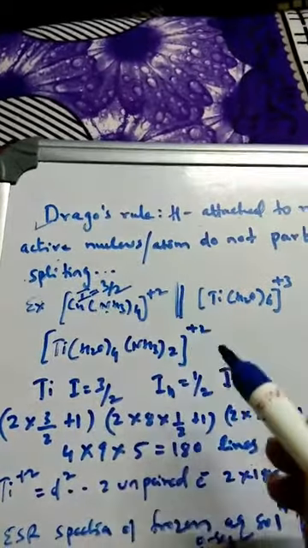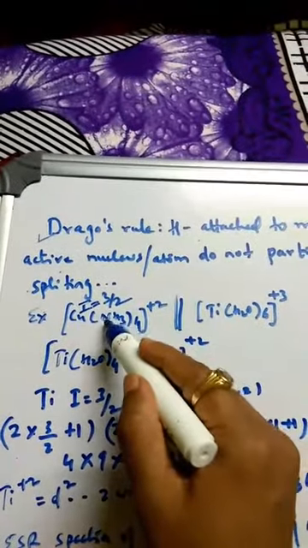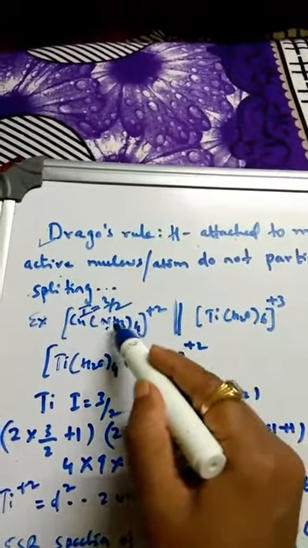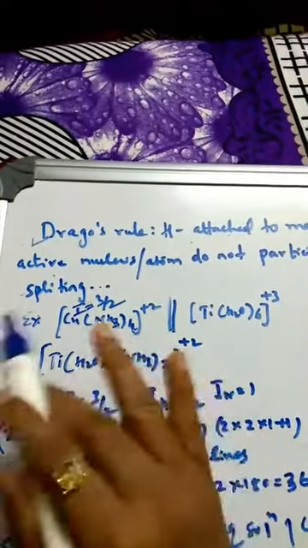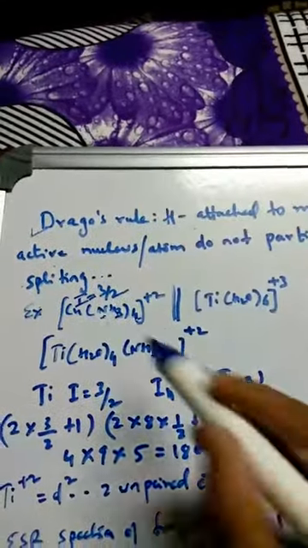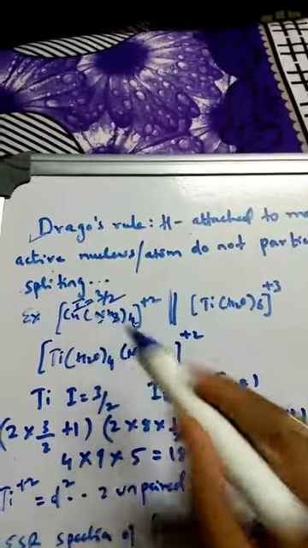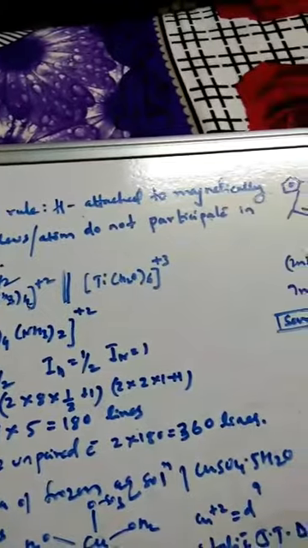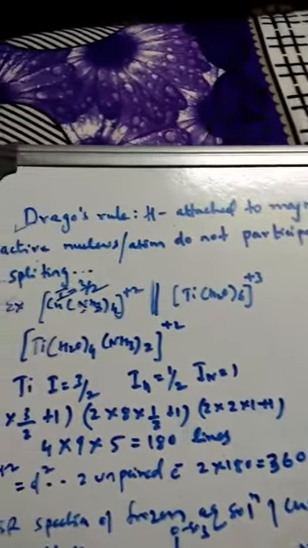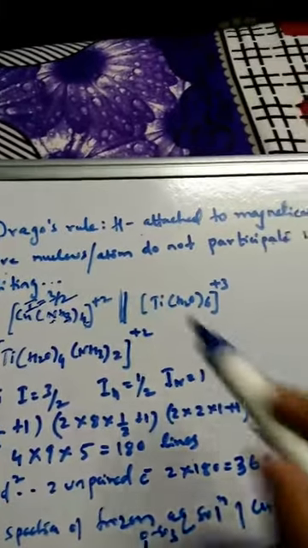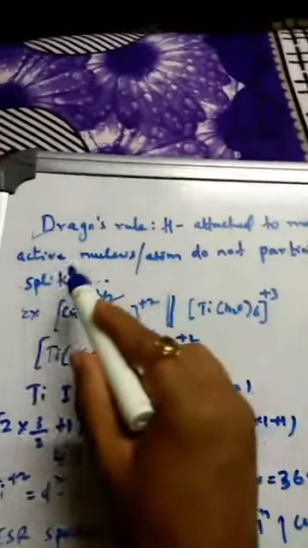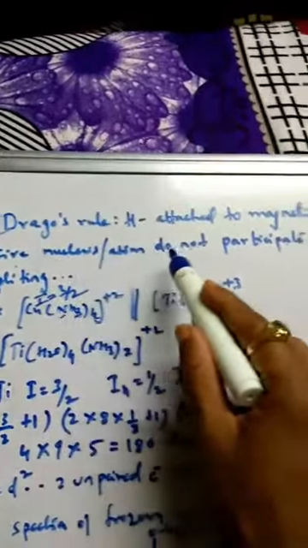Here there are 4 nitrogens, and 4 threes are 12 hydrogens, but the hydrogen contribution for splitting is not there. Why? Because nitrogen is a magnetically active nucleus, so hydrogen attached to a magnetically active nucleus does not participate.